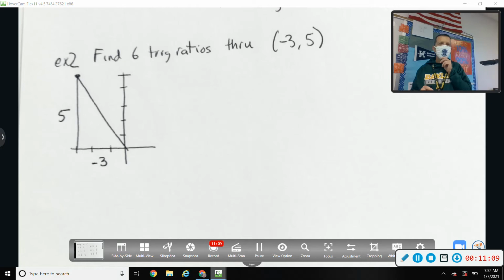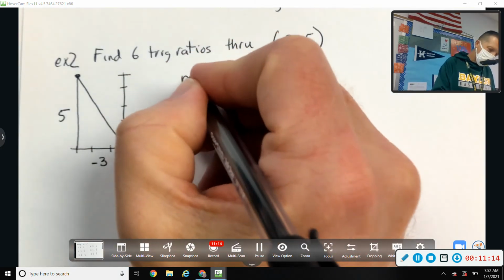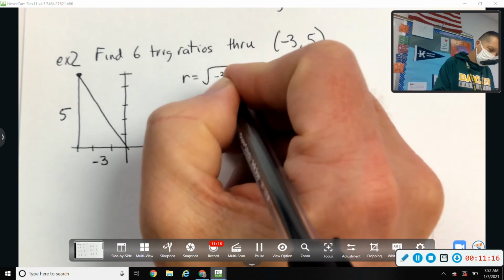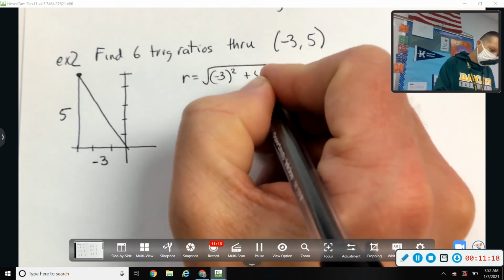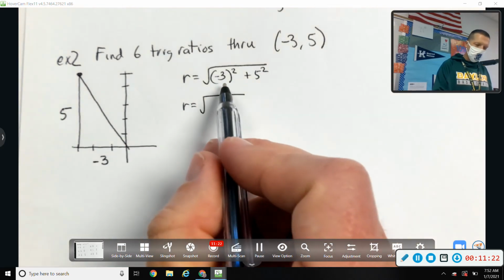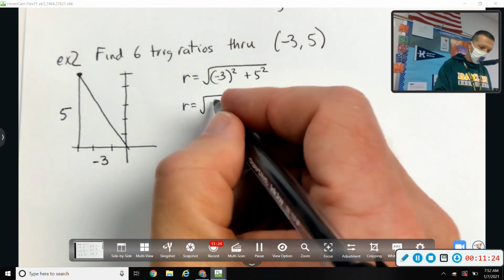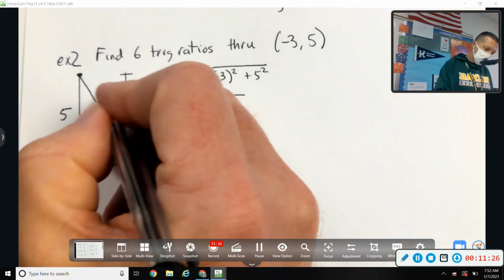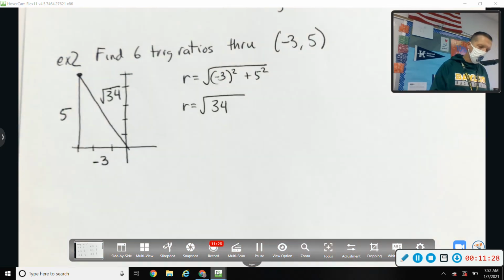The height is 5, so that one makes more sense. And then the square root of a squared plus b squared. Let's see, 9 plus 25 is 34. So square root of 34.